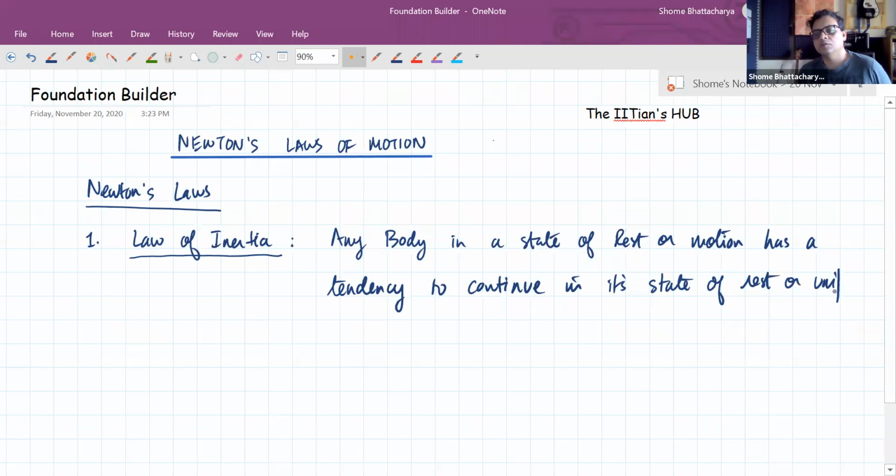What does uniform motion mean here? Motion with uniform velocity.